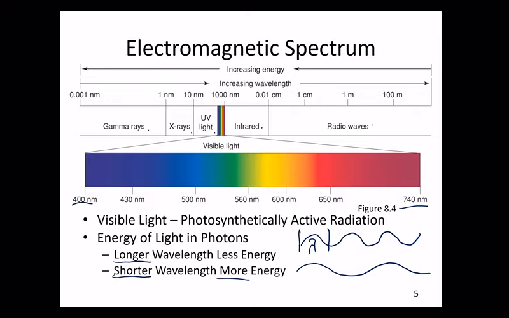That means this is the range of the electromagnetic radiation that has just the right amount of energy to be able to excite the electrons. And so that light energy can be captured and used by the plants in their photosynthetic reactions.